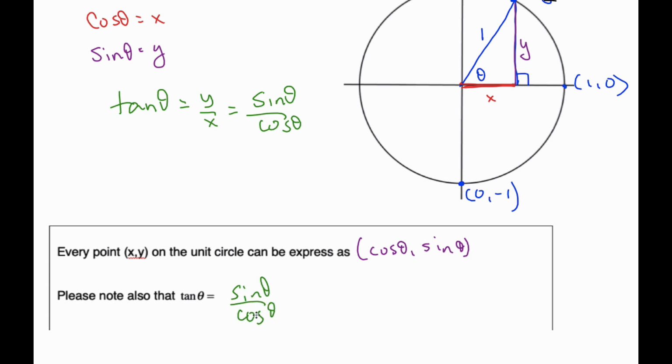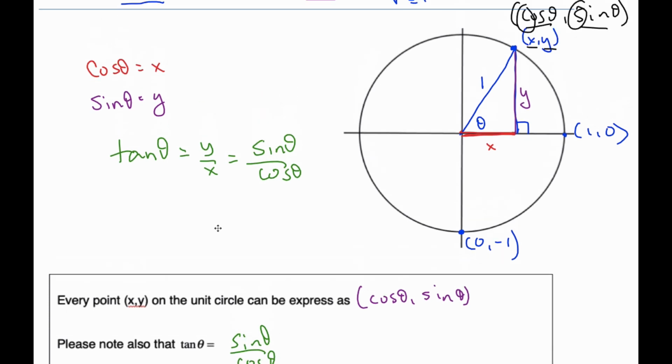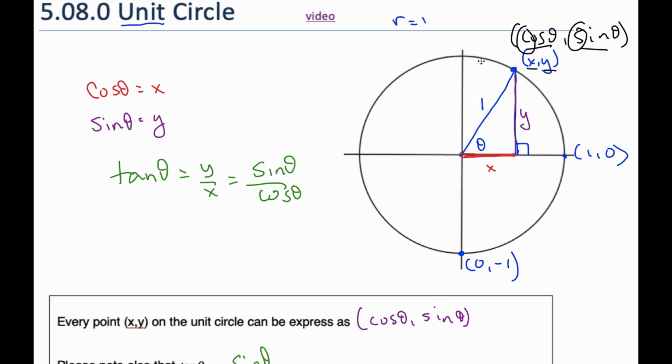That's a handy rule to remember. That's an identity that's always true. The whole power of the unit circle is that every single point here can be expressed in terms of cosine and sine of the angle from this position here. So that would be theta, this would be theta, and so on.